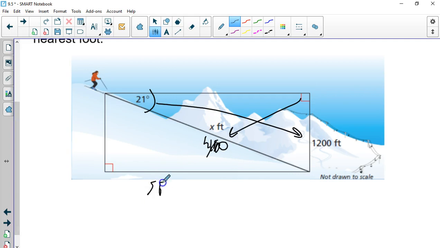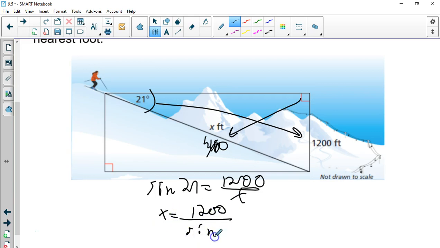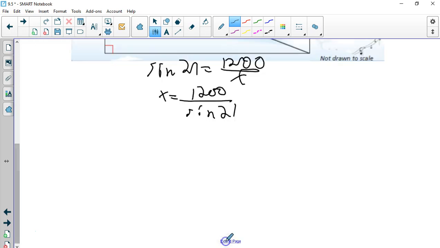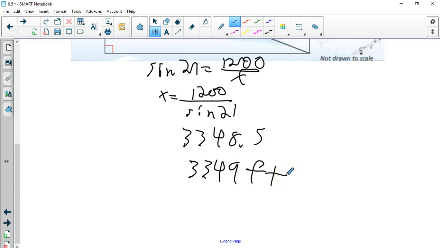So sine of 21 equals opposite over hypotenuse. When the x is on the bottom, we switch places. 1200 divided by sine of 21. We just type in our calculator. And what we get is 3348.5, and it says round to the nearest foot. So that's about 3349 feet. And that's it.